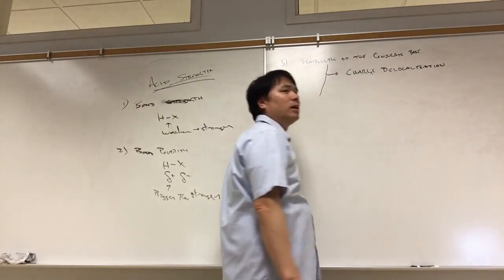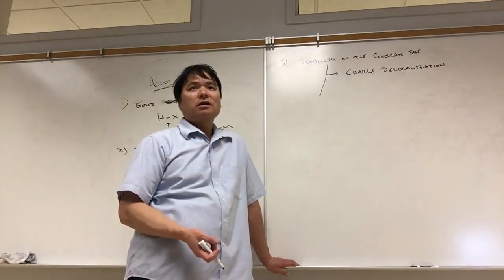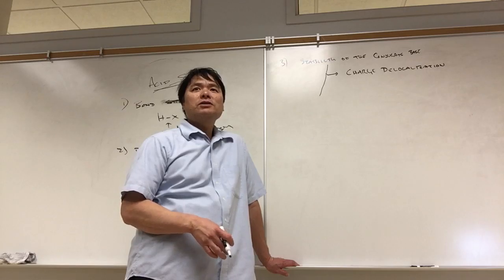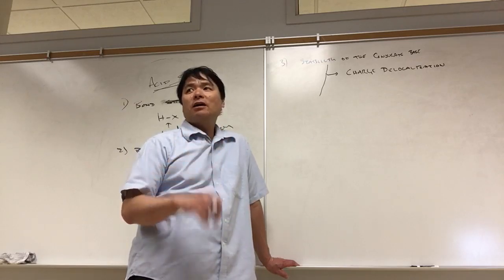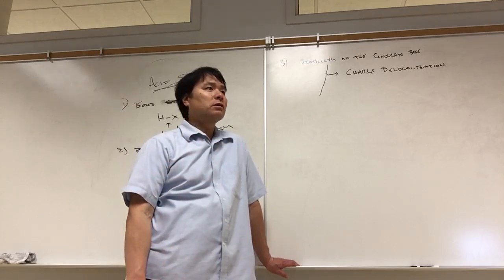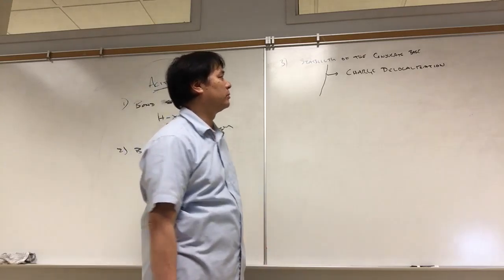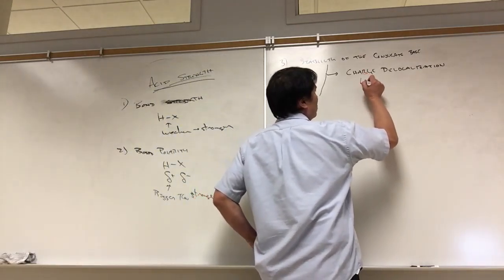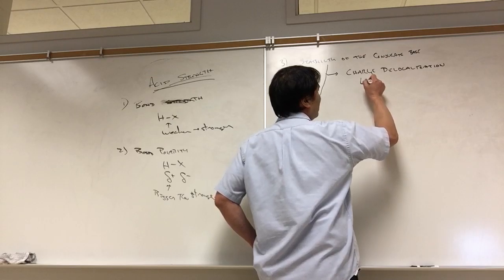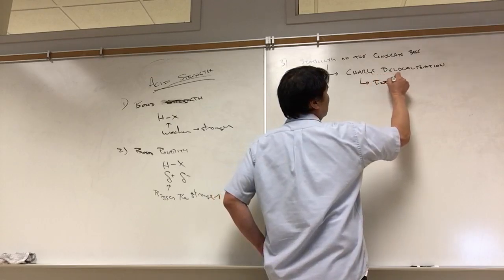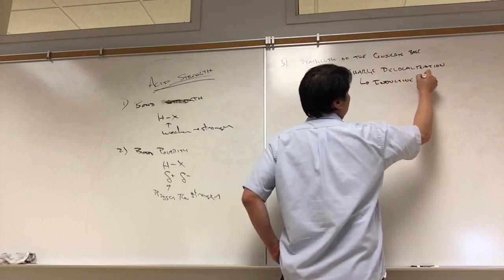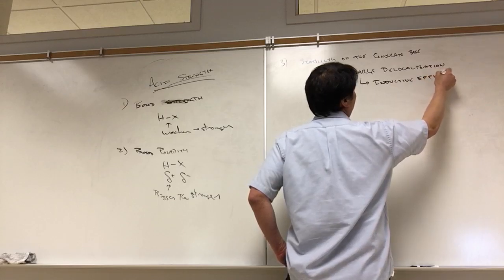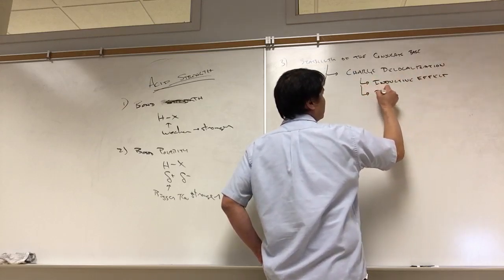Localized charge means the charge is stuck on a particular atom. Delocalized charge means the charge can be spread out into the structure, in other words, distributed over a number of atoms. And so charge delocalization can occur by the inductive effect, or resonance delocalization.